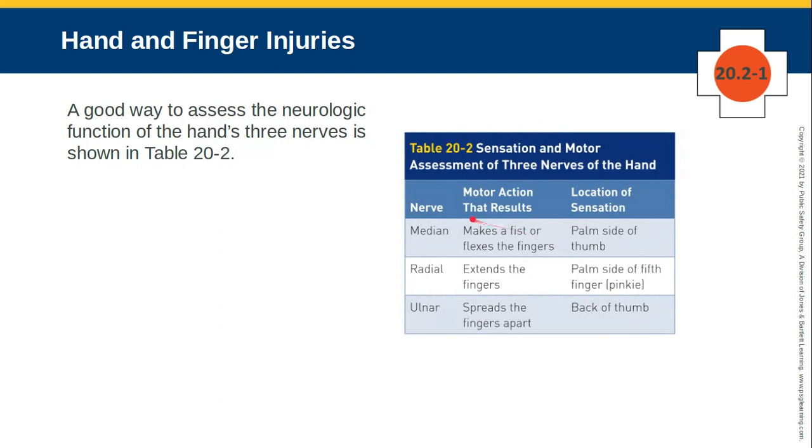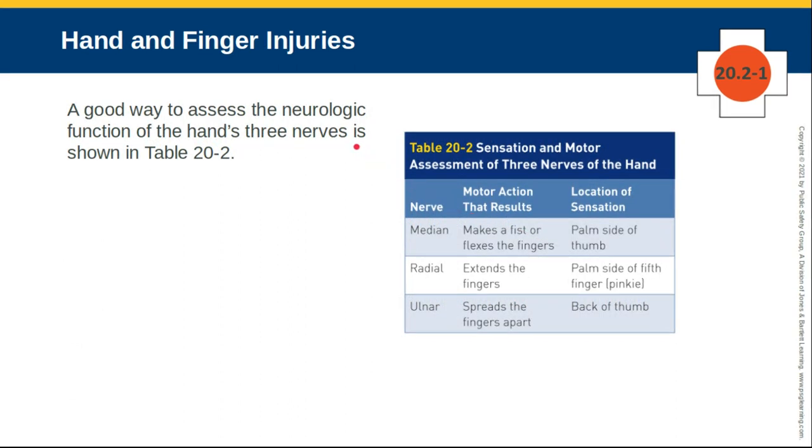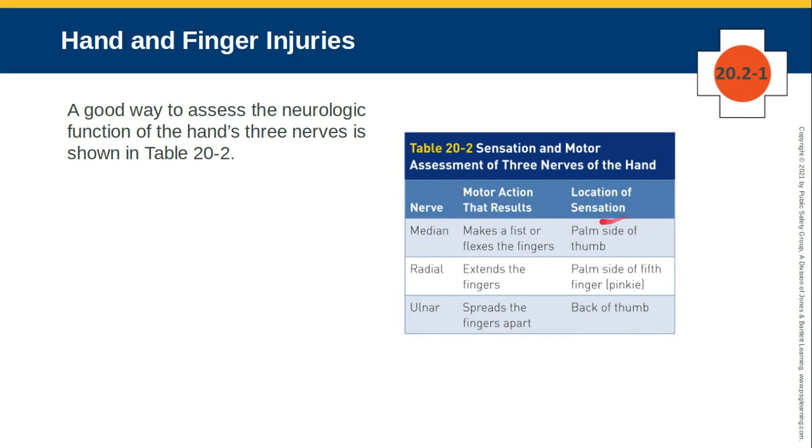Now, we have in Chapter 20 a way to assess neurological function of the three nerves in the hand. The median nerve is that nerve that allows us to flex the fingers, close our fist, and where that location of the sensation is going to be on the palmar side of the thumb.